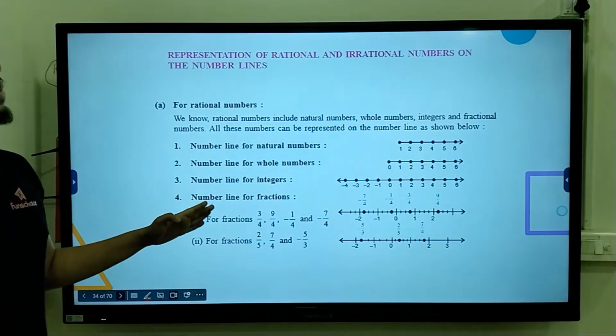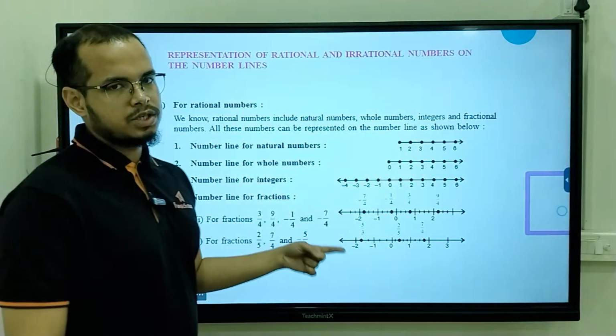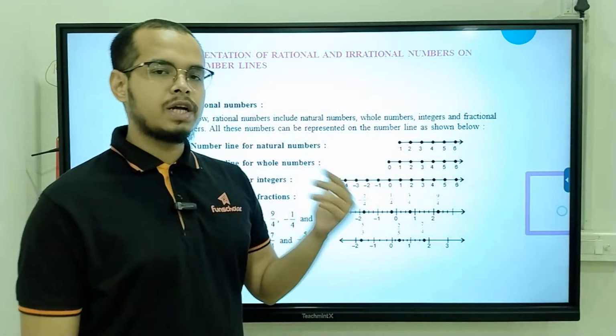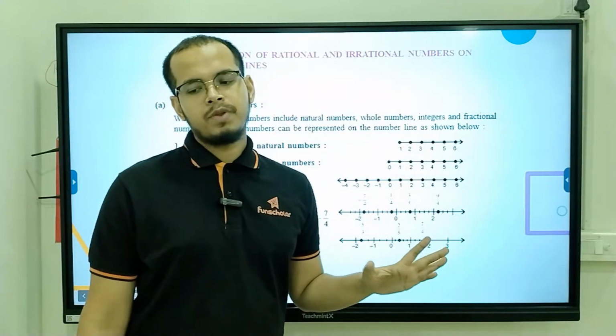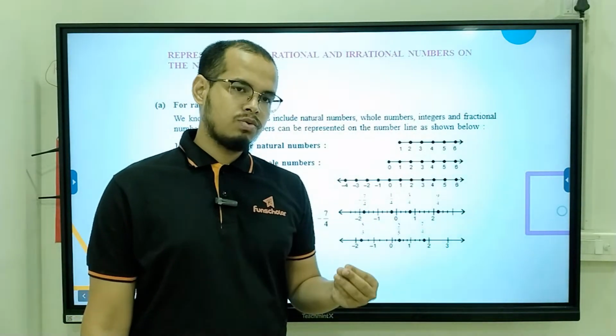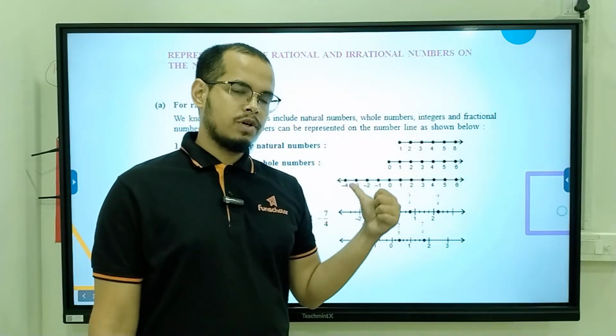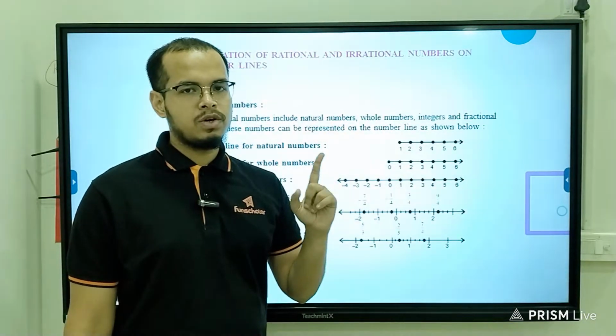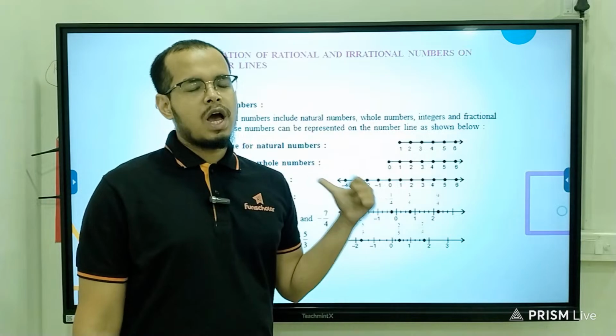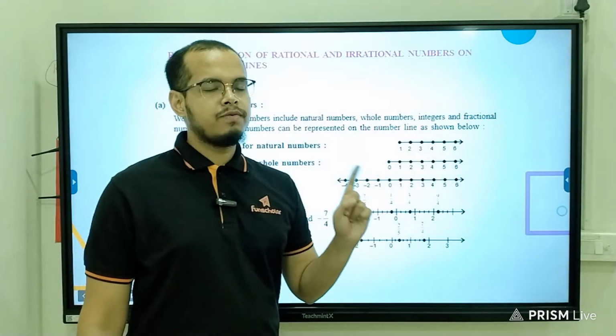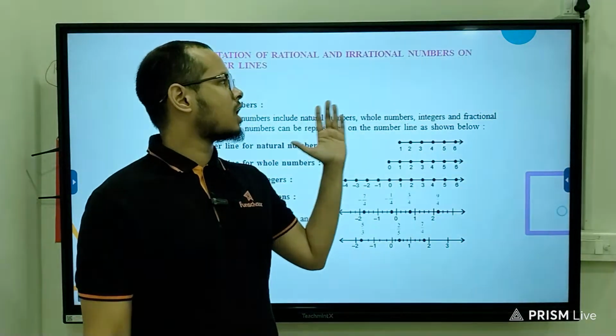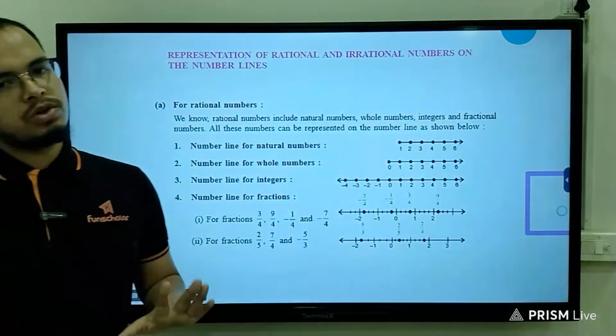We have done number line in integers and rational numbers, but irrational number lines we haven't done till now. So I want you to watch this first video in its entirety and understand how to plot rational and irrational numbers on a number line.